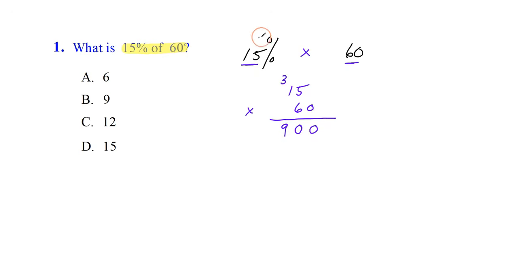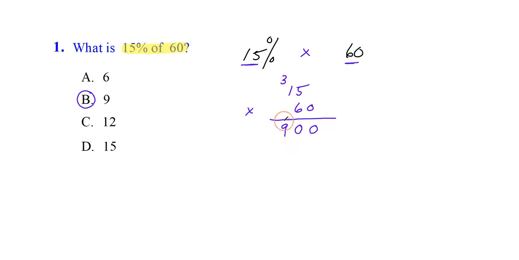So when I multiply 15 times 60, I get 900. I notice a 9 right here. So I look at my answer choices. Do I see a 9 in my answer choice? Yeah, I see it right here. So B is going to have to be my answer, and I can move on.